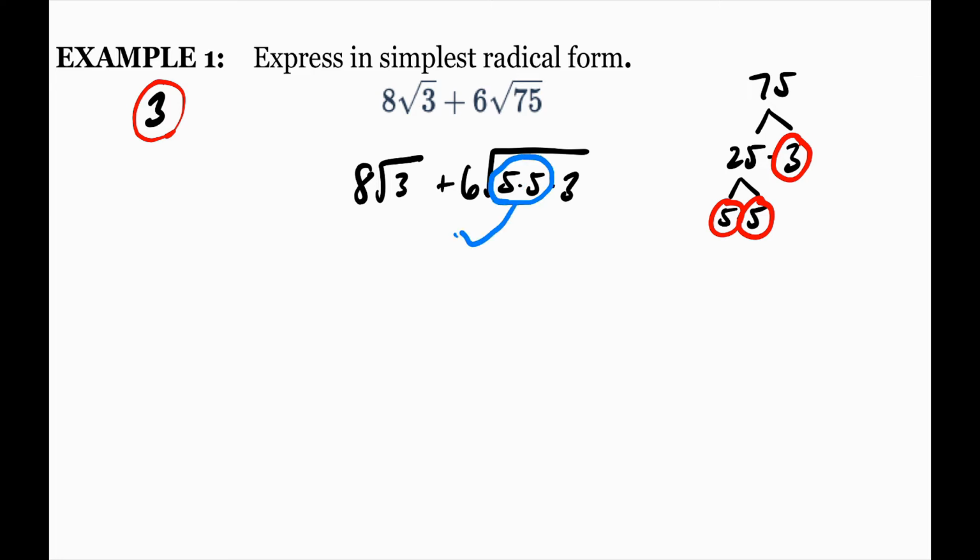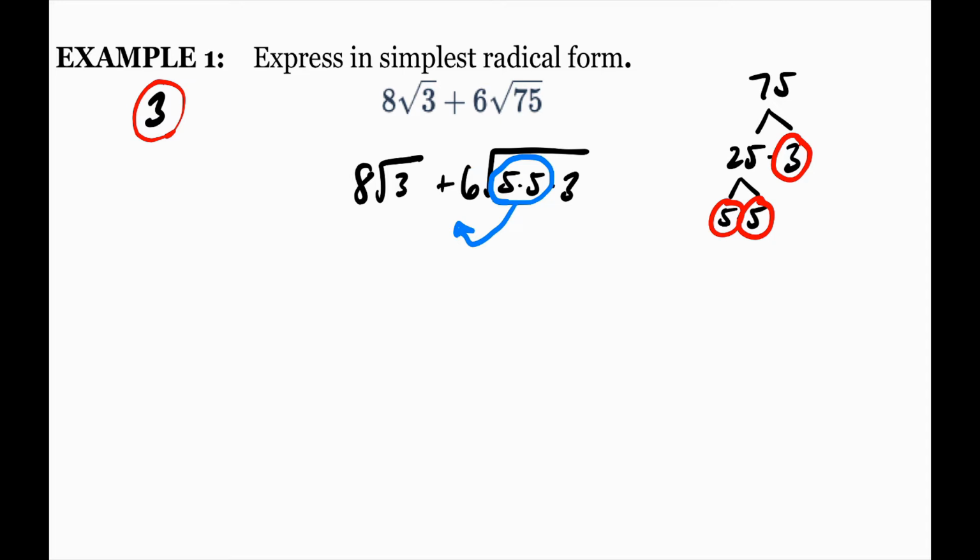If I have a pair of 5s, what can come out? A 5 can come out. Why can a 5 come out? Because when I multiply these two 5s, I get 25, and 25 is on my list. The square root of 25 is 5, which is the one that comes out.